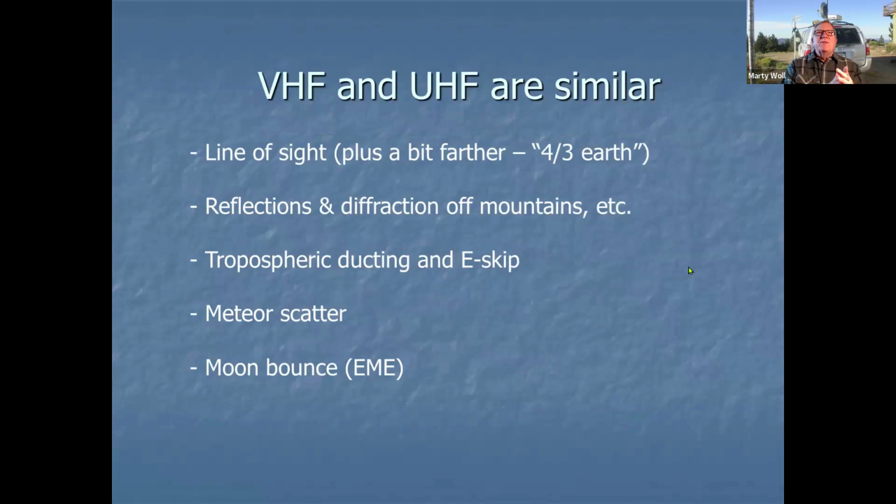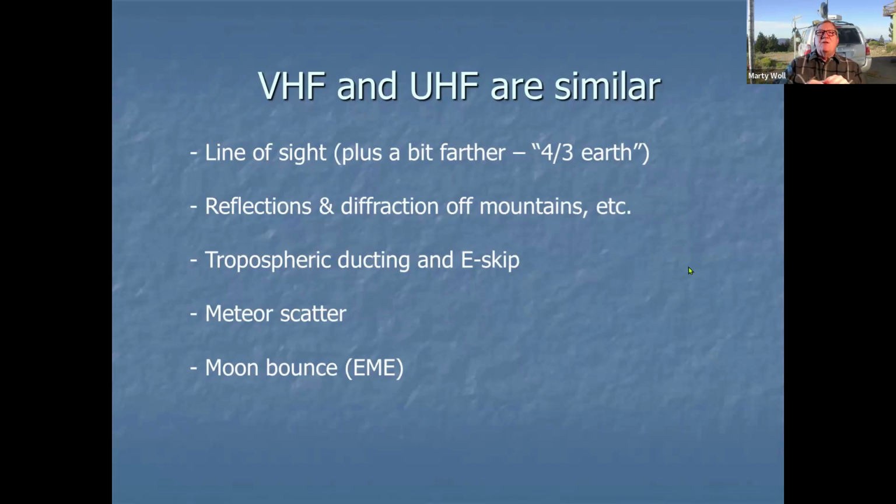They're pretty similar. You've got line of sight plus a little bit further. I'll show you a chart in a minute, but if you were to stand at a certain height, if the Earth were a third bigger than it actually is, in other words a little bit less curved, that's how far the RF would go.